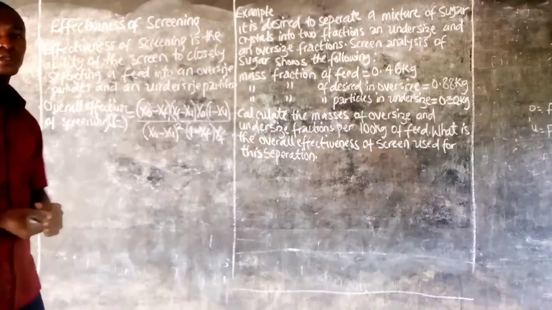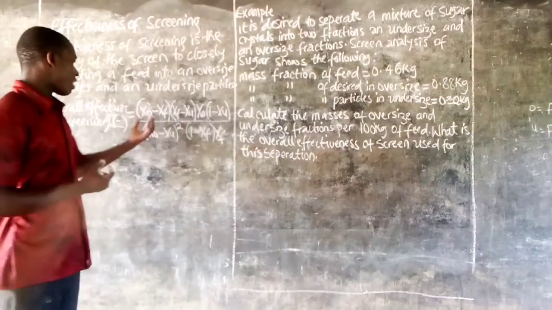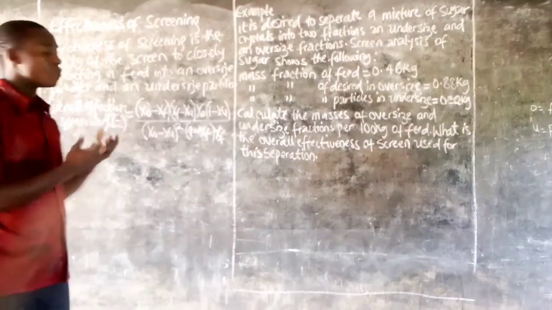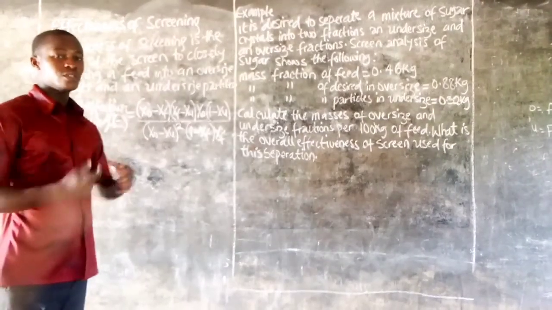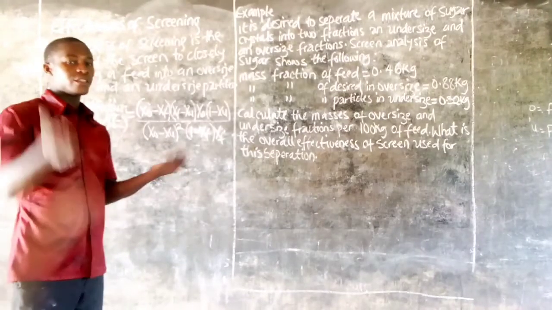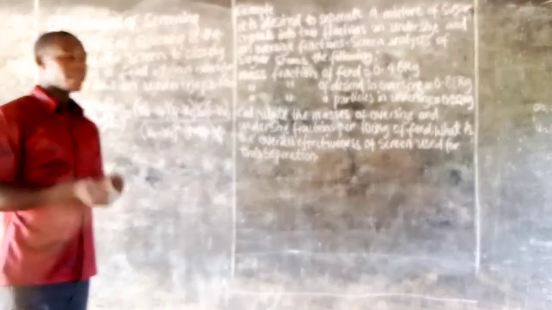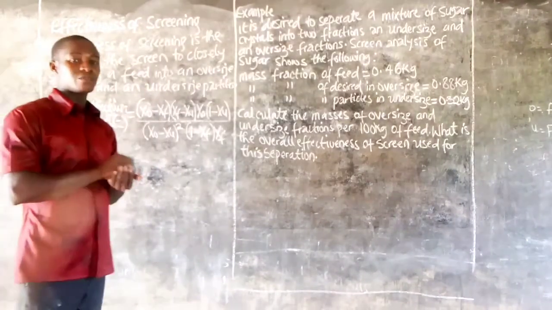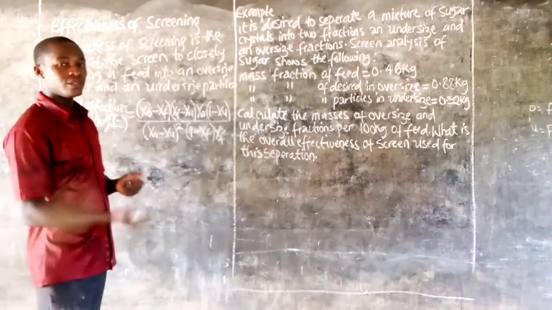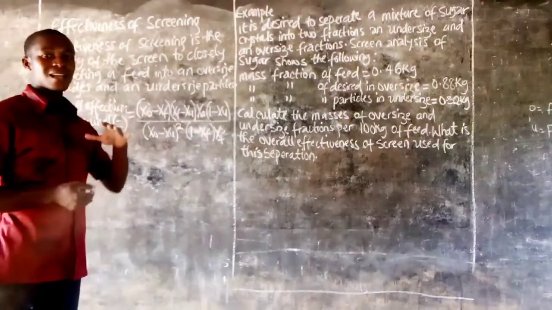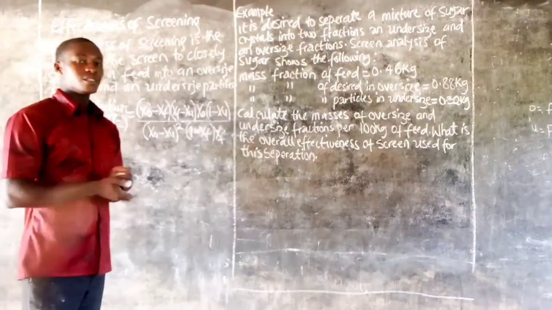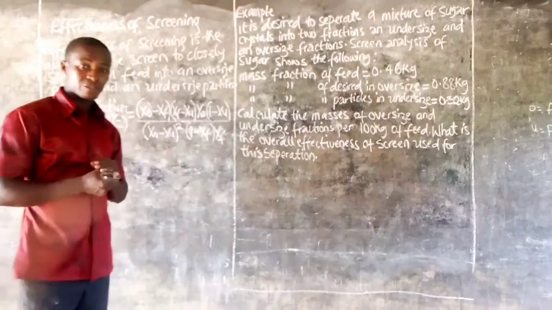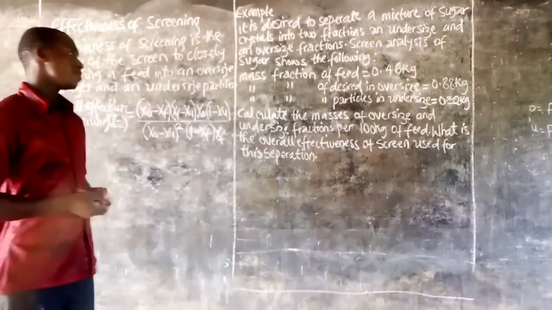With this expression, we can calculate the effectiveness of screening for a feed where we want to produce an undersized material and an oversized material. Like in the last edition, the undersized materials are those found under the screen after screening, the oversized are the ones found on the screen, and the feed is the mixture of the undersized and oversized materials.